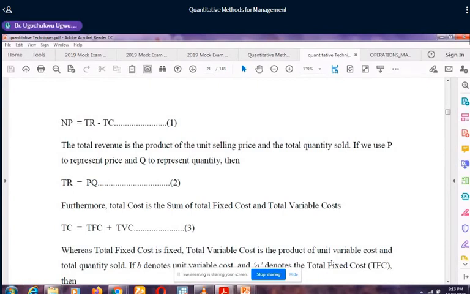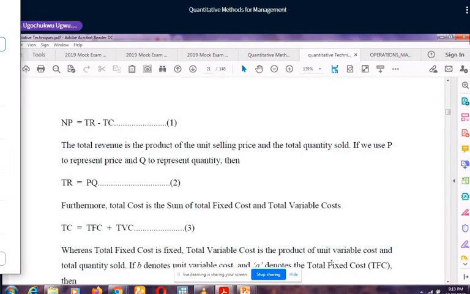Assuming this is a straight line equation, what we have as our dependent variable is profit. In other words, profit depends on our revenue and on our total cost. But revenue is also influenced by something else, while our total cost is influenced by something else.